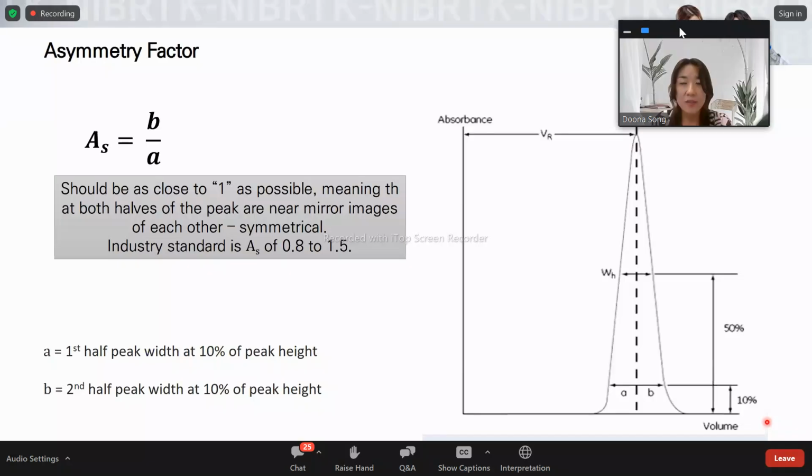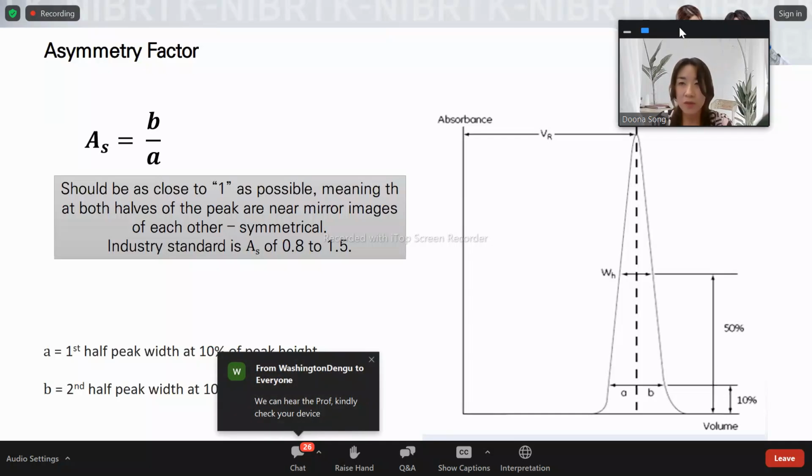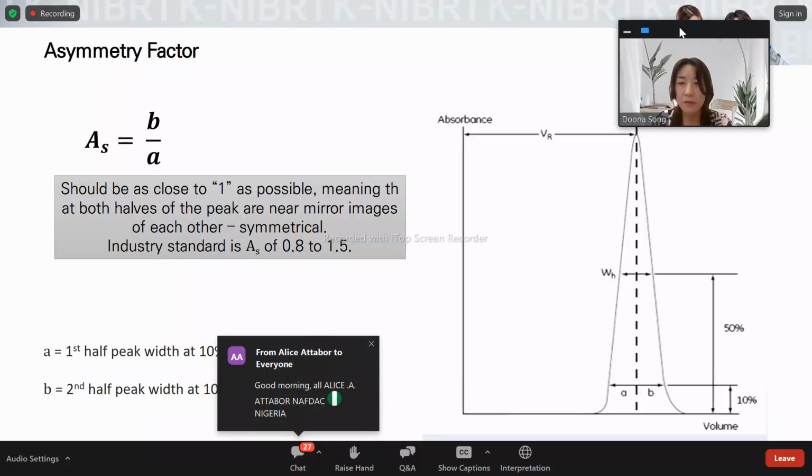The asymmetry factor is a parameter used in chromatography to describe the shape of the peak in the chromatogram. It also provides insight into the performance of the chromatography column and the quality of the separation process.